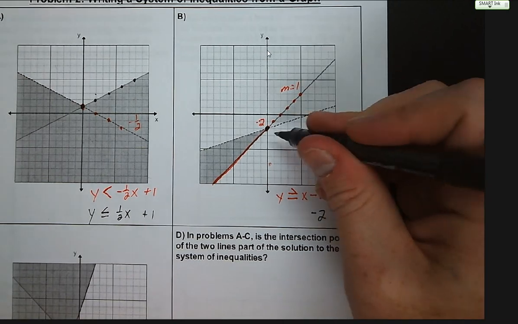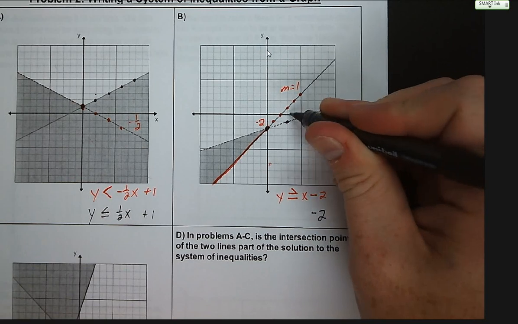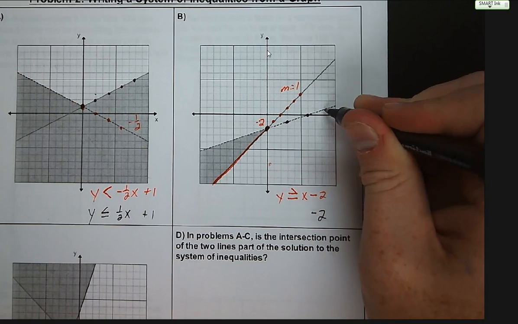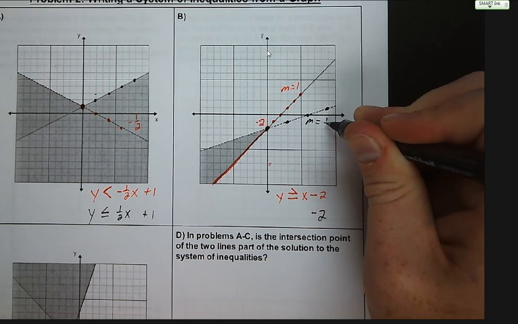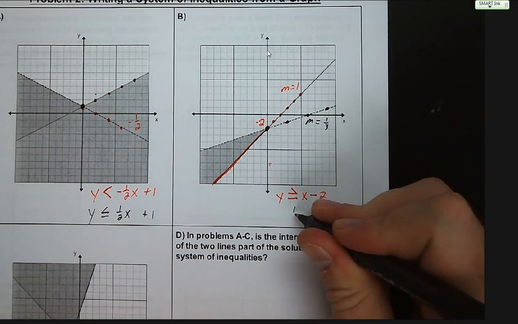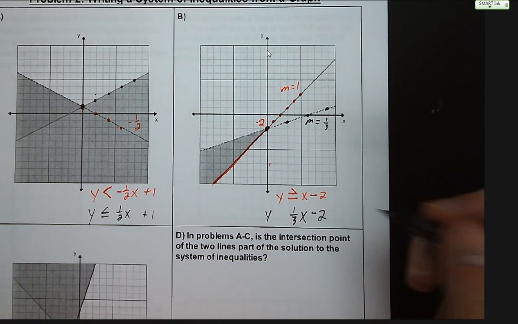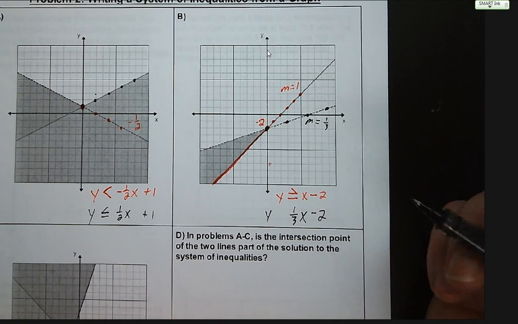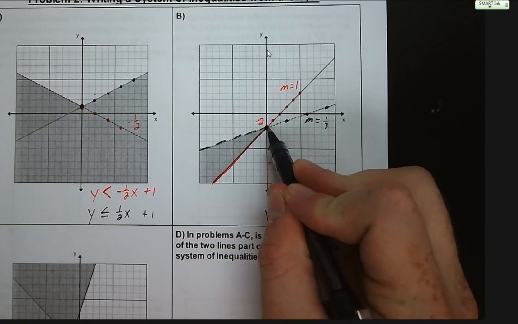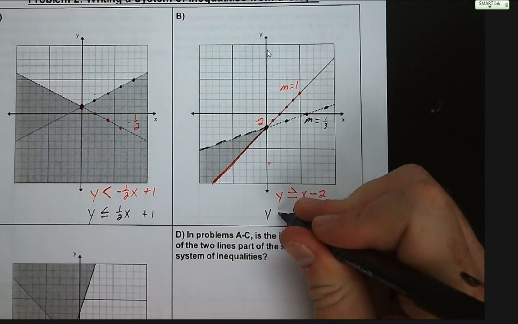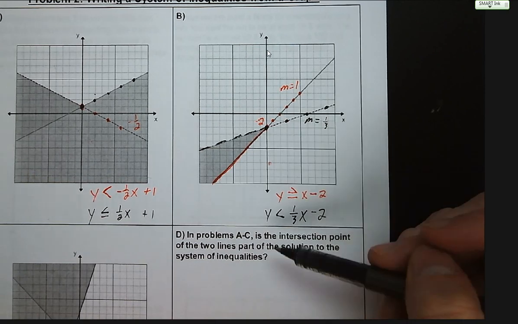And it looks like I'm going up 1, but it's all the way over here to 3. So up 1 over 3, up 1 over 3. So my slope for this line is 1/3. So I can write 1/3 x, and I have my y over here. Now I have to figure out what symbol to use. It looks like it's shaded below it, so it's going to be less than, and it's a dashed line, so it's only going to be less than.